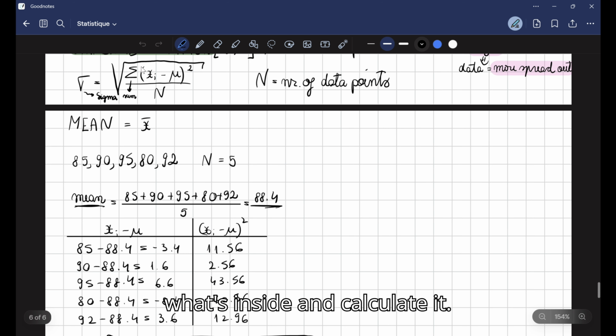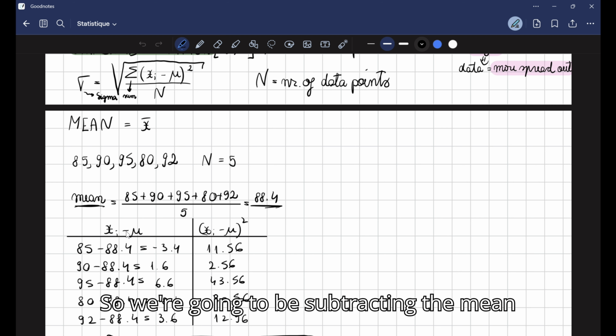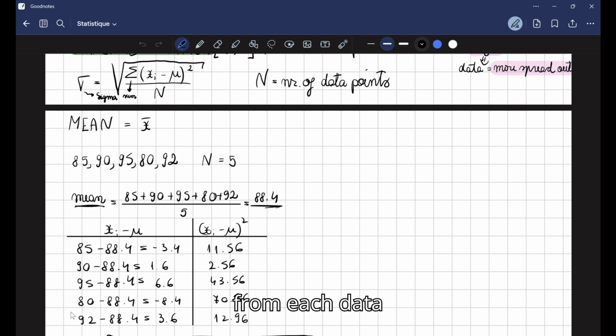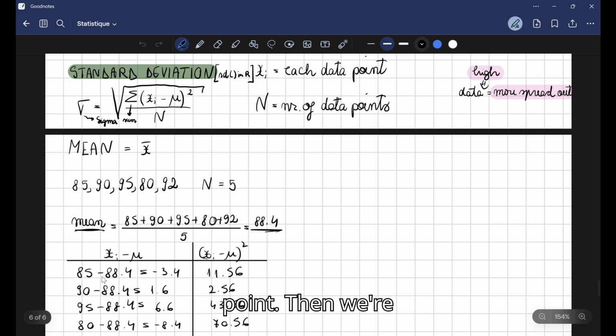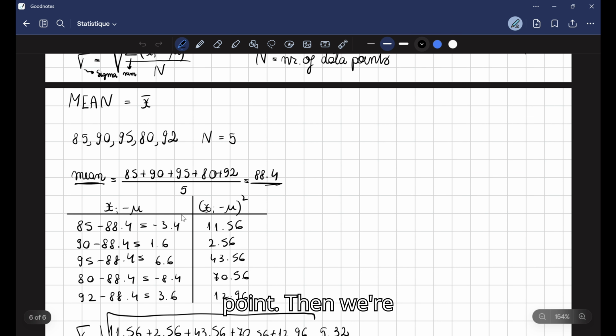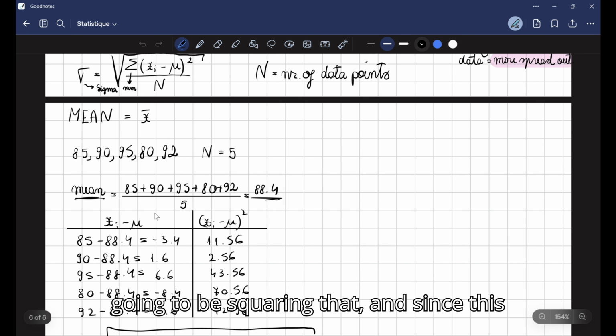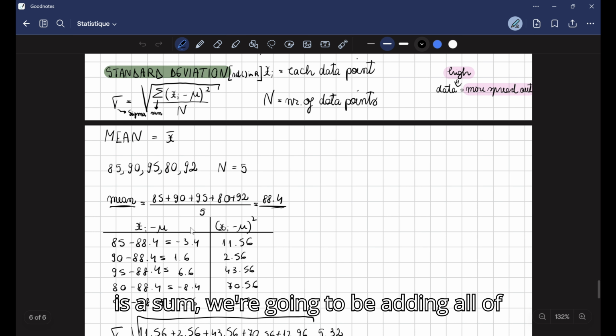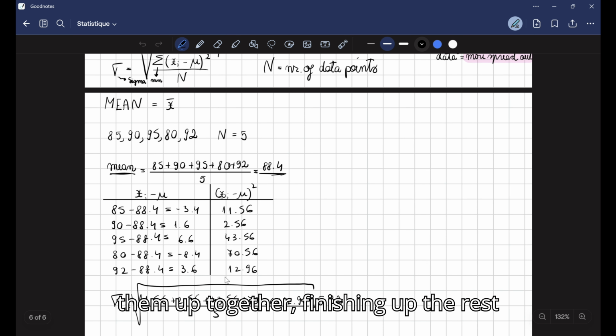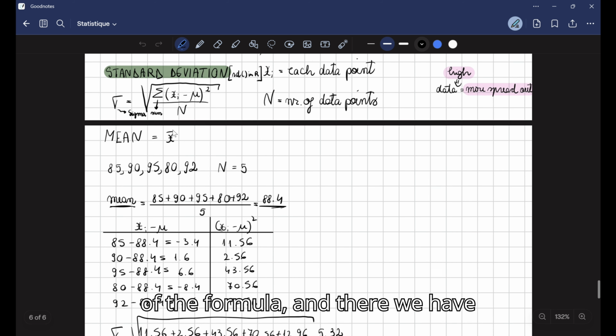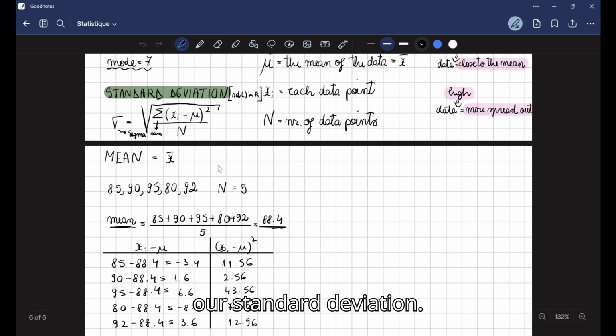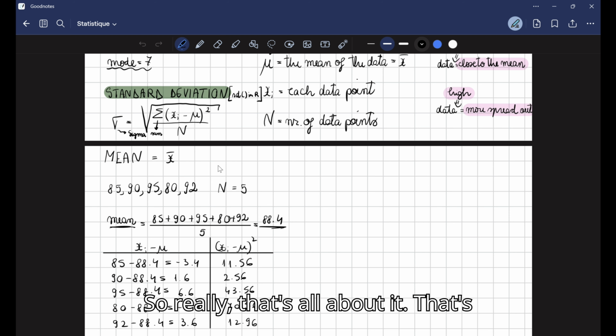So first of all, we're going to take what's inside and calculate it. So we're going to be subtracting the mean from each data point. Then we're going to be squaring that, and since this is a sum, we're going to be adding all of them up together, finishing up the rest of the formula, and there we have our standard deviation. So really that's all about it.